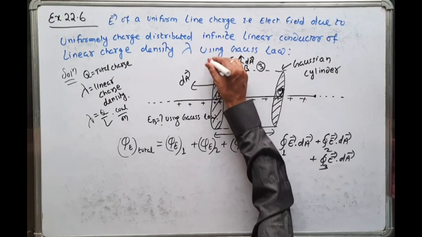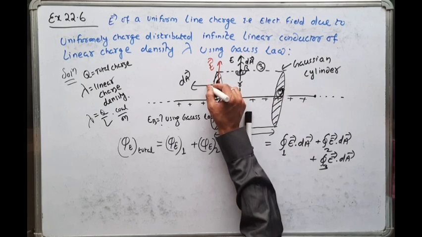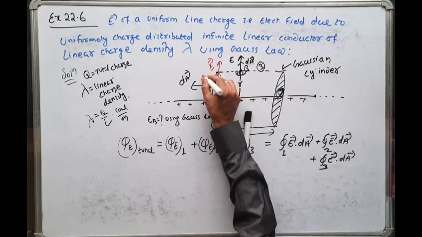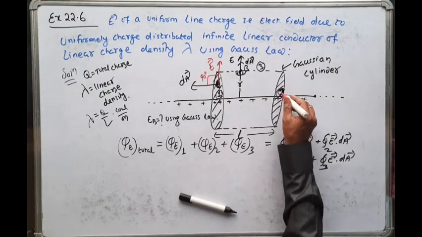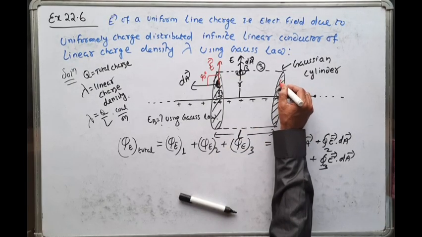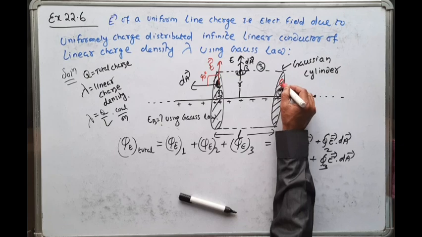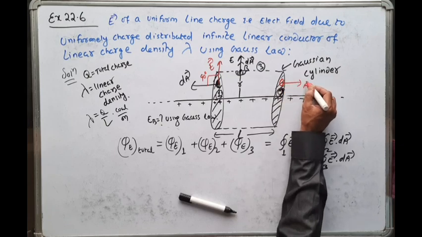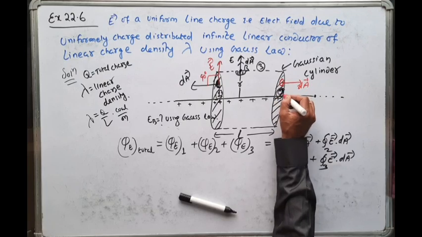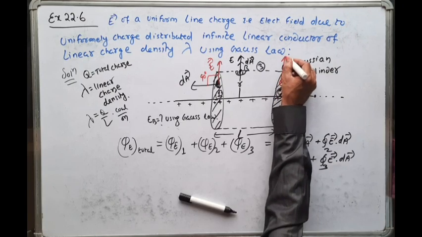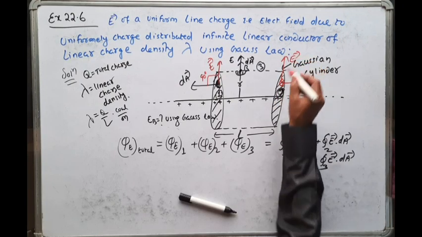So this is the electric field intensity. So here the angle between the electric field and the area vector is 90 degrees. For the second surface also, if you take a small element here, the area vector is this, outward. But since it is a positive charge, the electric field is away from the positive charge. So this is the electric field intensity.